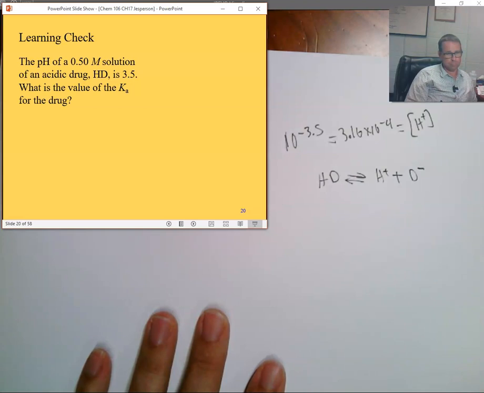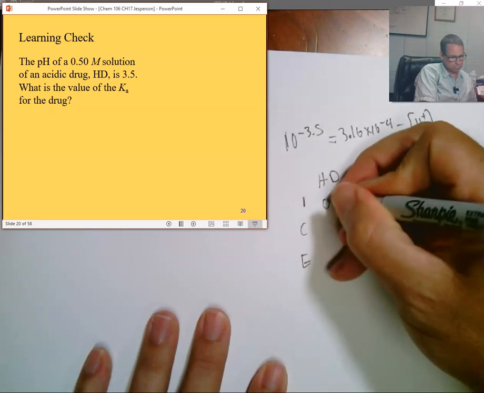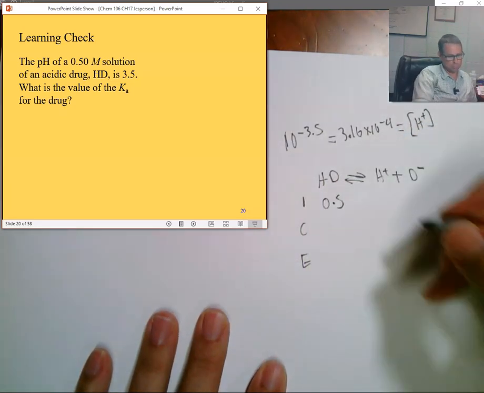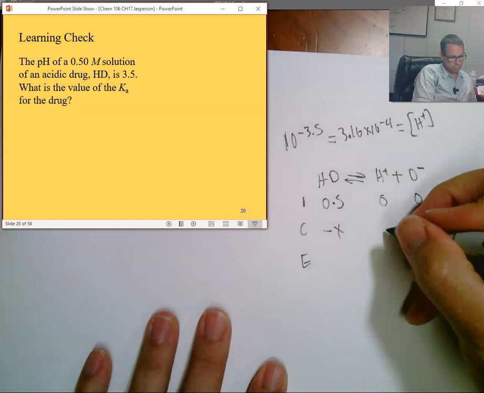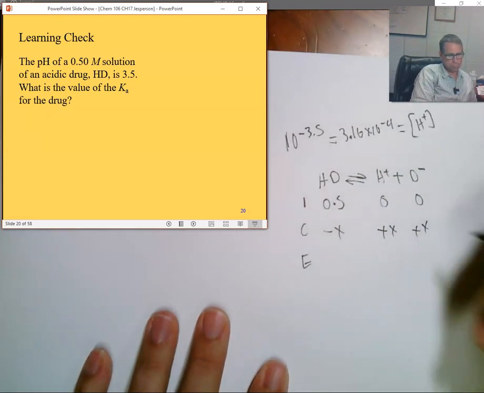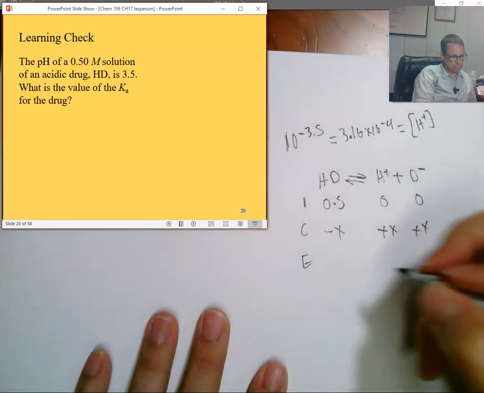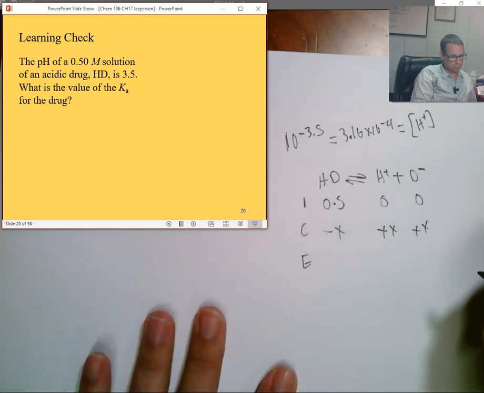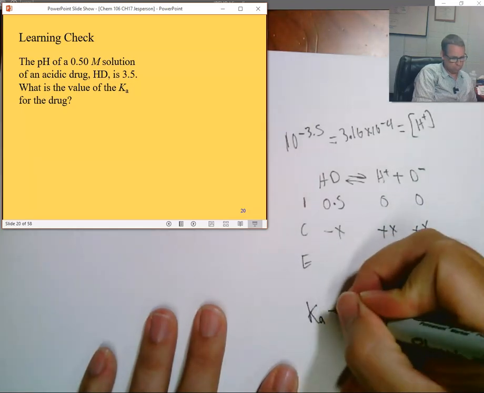And I guess we have 0.5 for the initial HD, then we'd have 0, and it would be minus X, and then plus X, plus X. So that gives us our, I guess we just know that Ka equals X squared over 0.5.